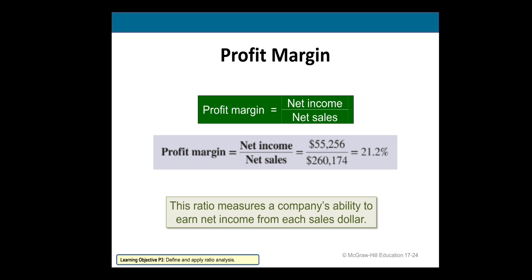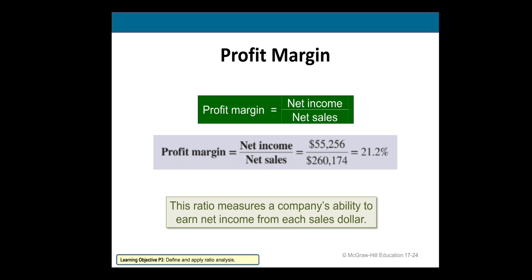Remember, this ratio measures a company's ability to earn net income from each dollar of sales. So if the profit margin ratio equals 21.2%, it shows that for every $1 of sales, this business can generate 21.2 cents profit.